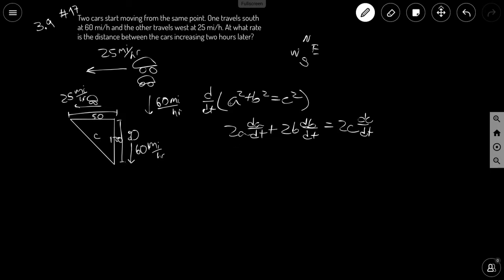So now for a squared plus b squared equals c squared, we can find c. I'll go ahead and plug it in.